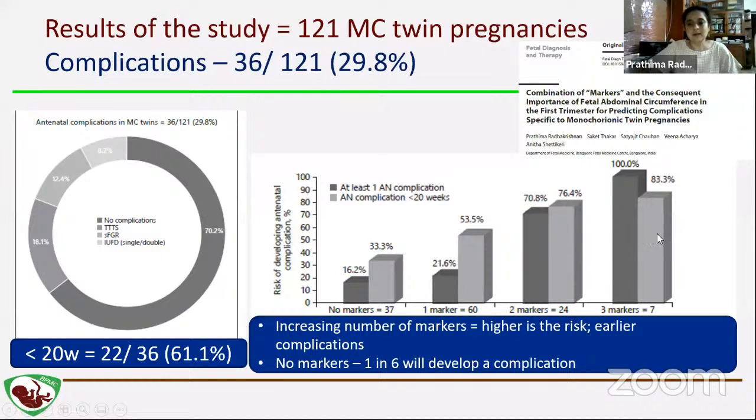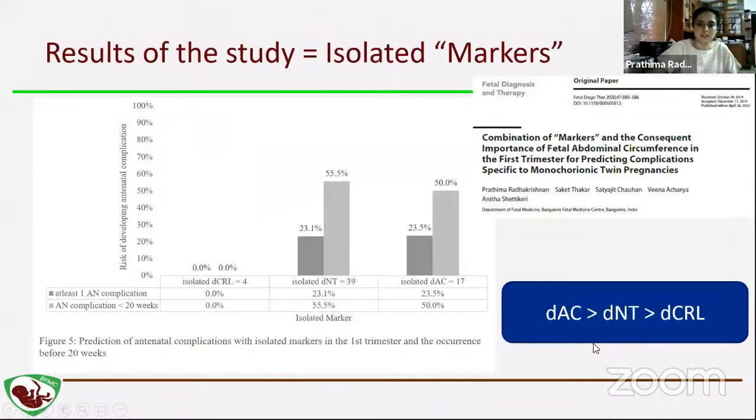As the number of markers increased, there was a higher risk of complications. And in the absence of markers, if there are no markers at all, only 1 in 6 will develop a complication.